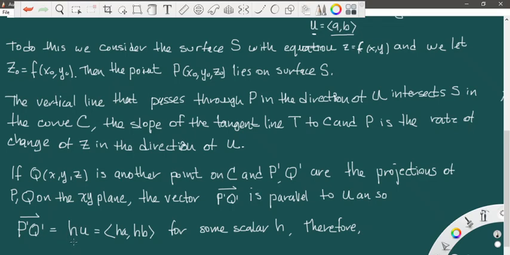Remember that h is a constant or a scalar, and this hu has the components ha, hb for some scalar h.